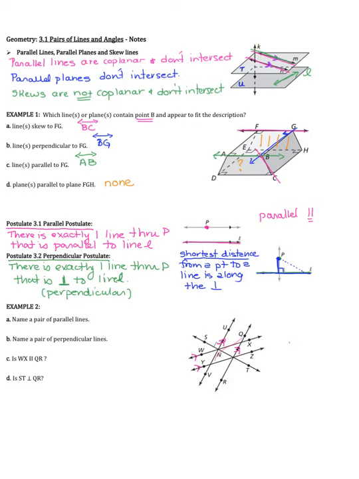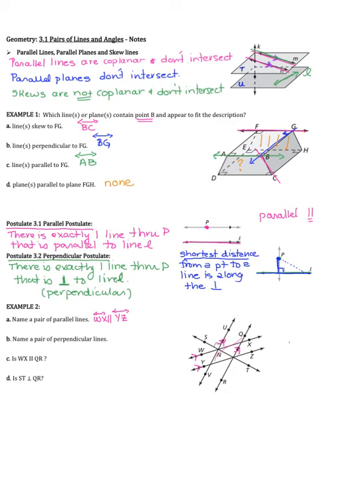So we could call WX, so line WX is parallel to line YZ. And if we needed to name more, we could have said VU is parallel to RQ. I think that's a Q, yeah. But we only needed one pair.